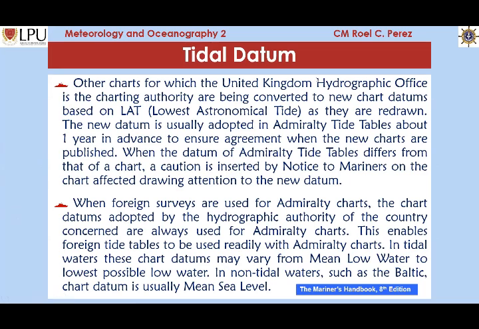Then they are using the tidal datum of the country concerned, or the hydrographic office of the country concerned. So that if you will use other tide tables, like for example the Canadian tide tables, then you can use them readily with Admiralty charts without error. No?